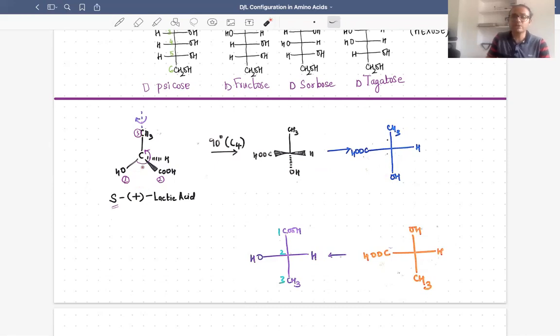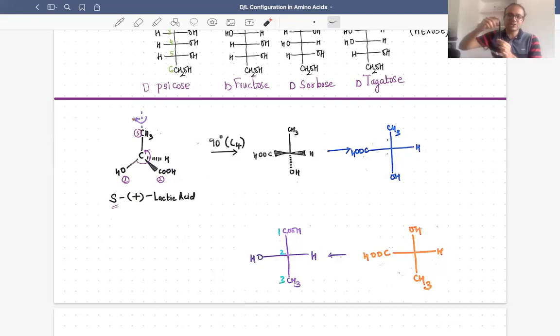The simplest way is to consider the axis along this bond that is on the plane of this board, which I have shown with these dotted lines. If I hold this C-CH3 bond like this and rotate it, it looks like a clockwise rotation.